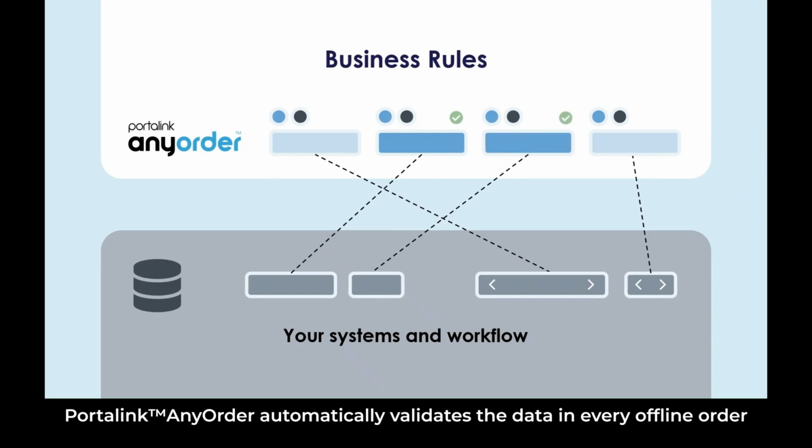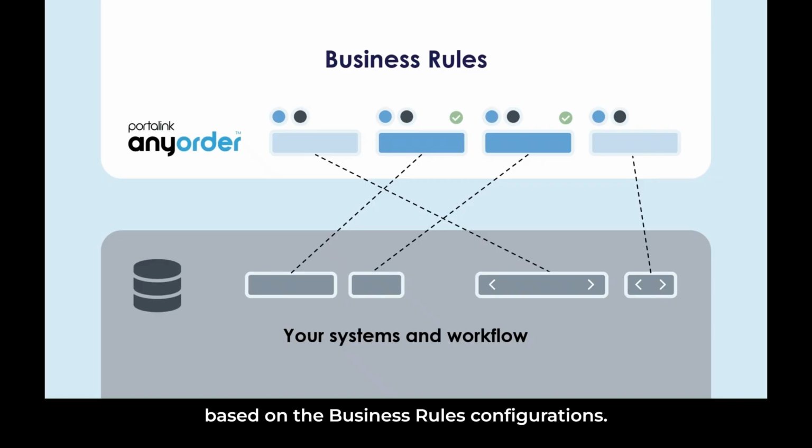PortalLink Any Order automatically validates the data in every offline order based on the business rules configurations. This is important for two reasons. First, to align the character field lengths with your own order management system, such as an ERP. Second, to highlight any data discrepancies before each order is exported to Shopify drafts.